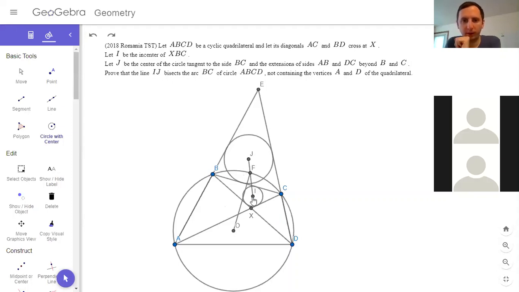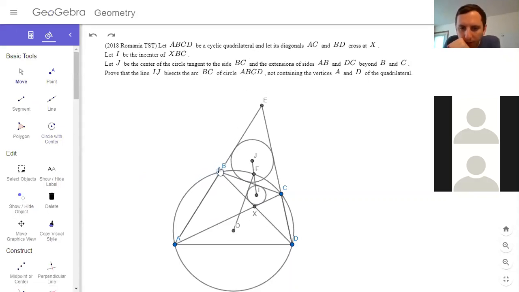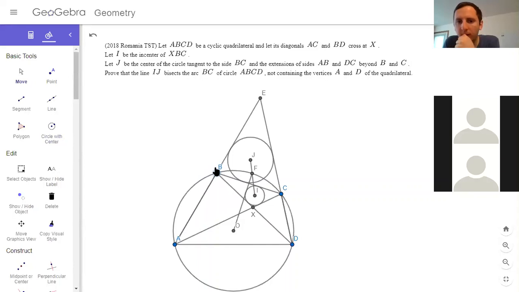I wonder what the radical axis of these two circles is. Yeah, they can't ever intersect. Let's try something.